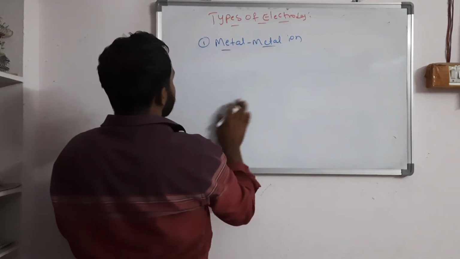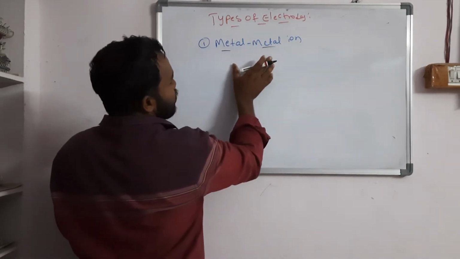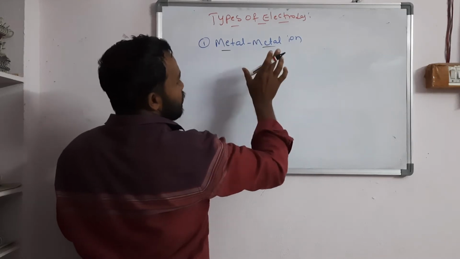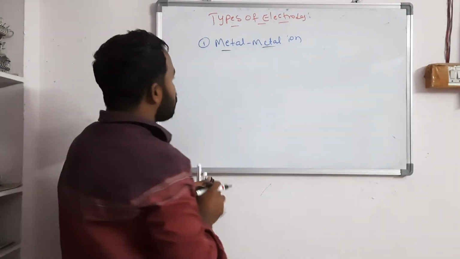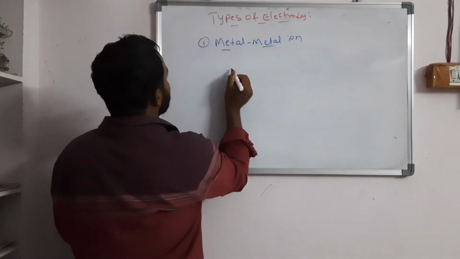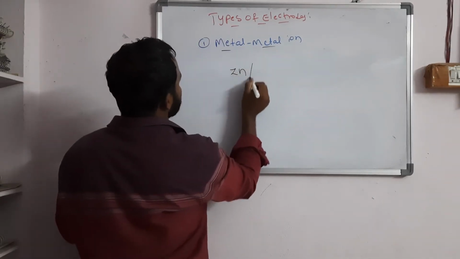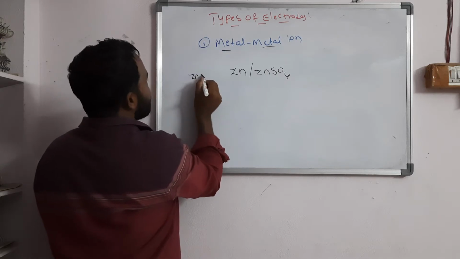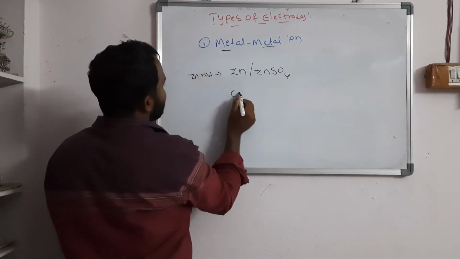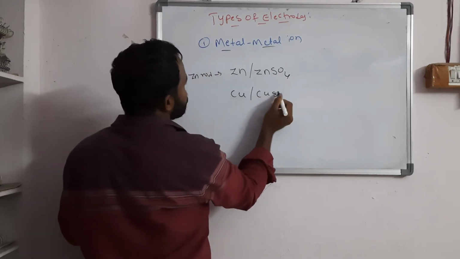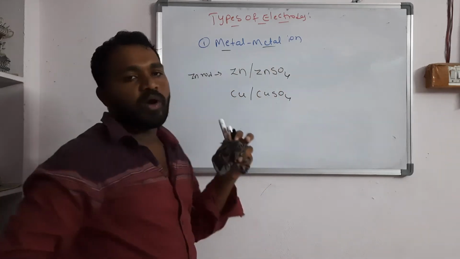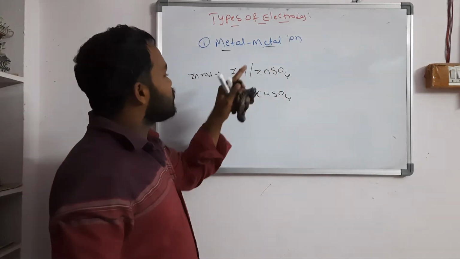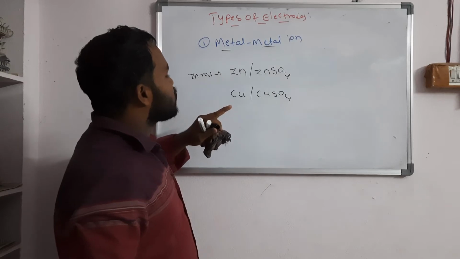A metal is dipped in its own electrolytic solution. For example, a zinc rod placed in zinc sulfate solution, a copper rod placed in copper sulfate solution. First you should write this point: the metal is dipped in its own electrolytic solution.